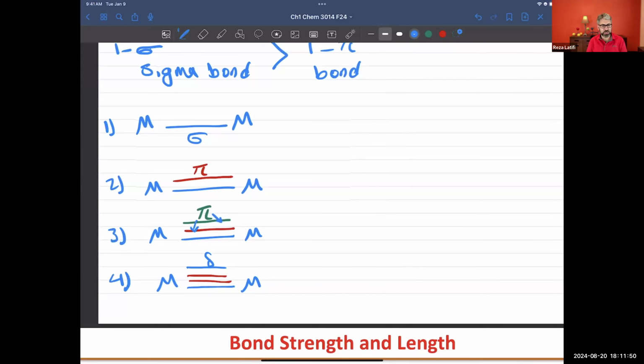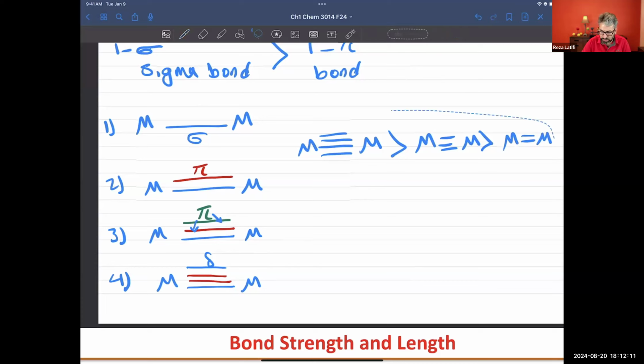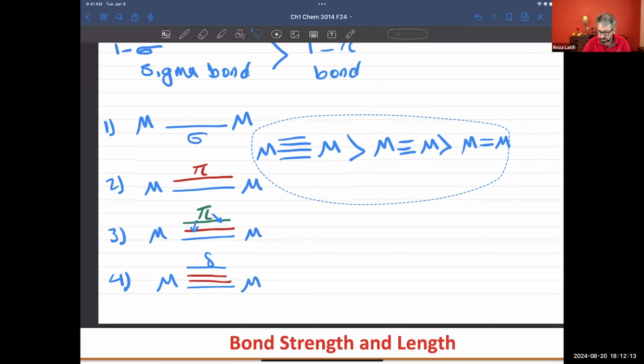Which bond is stronger? I'm going to say the one that has a quadruple bond is going to be stronger than triple, and that one stronger than double. The double is going to be stronger than a single bond.